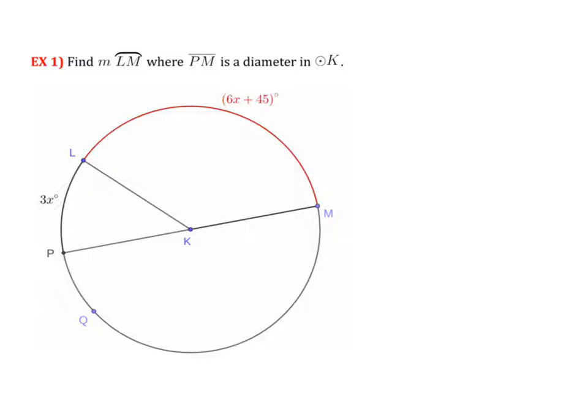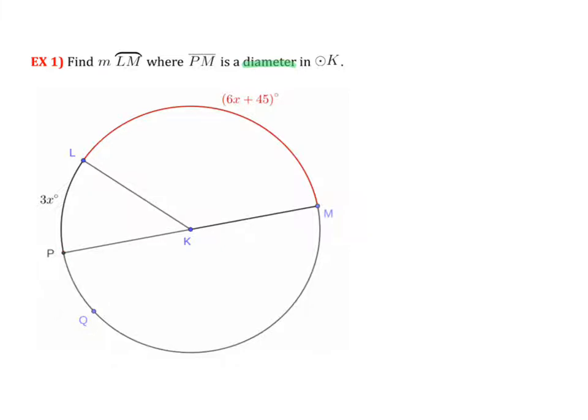Now, something that I want to mention about the diameter, it's really important that we know why they're giving it to us. So if segment PM, this one here, is a diameter, what this diameter provides for us is a semicircle.